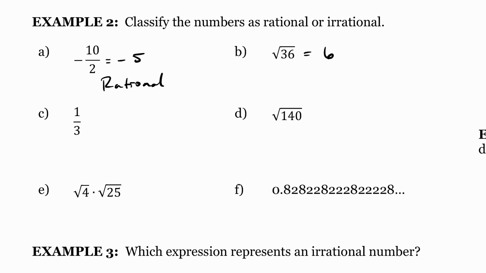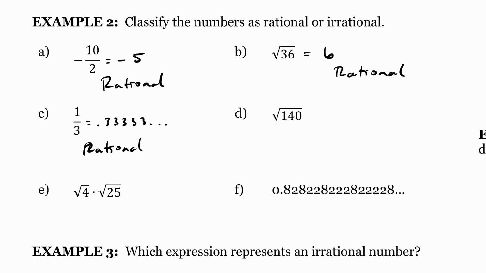Same thing as -5, it ends, it terminates, so that's rational as well. 1/3 is already a fraction. If I were to write it as a decimal, it would be 0.3333 repeating. Either way, a fraction or a repeating decimal, it's still rational.